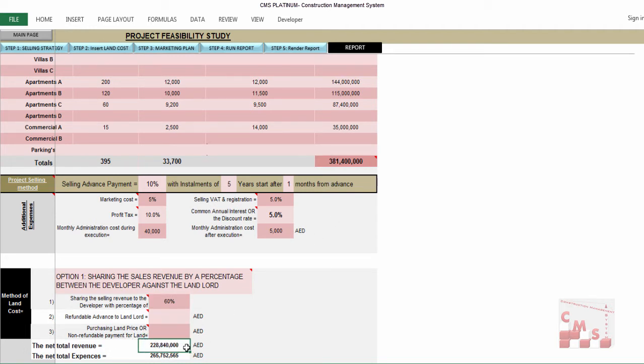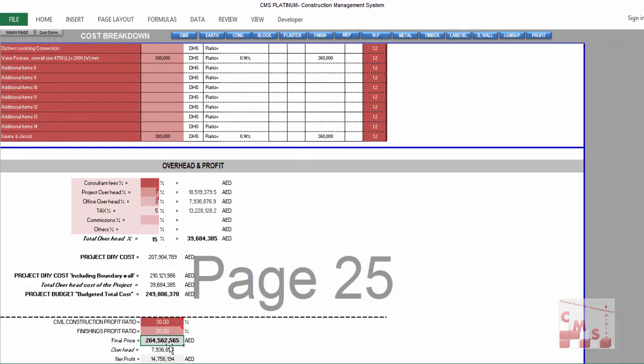It will be 228. But what are your expenses? Your expenses are the construction cost, which is 264 million, plus the marketing and the other expenses, which we talked about already.